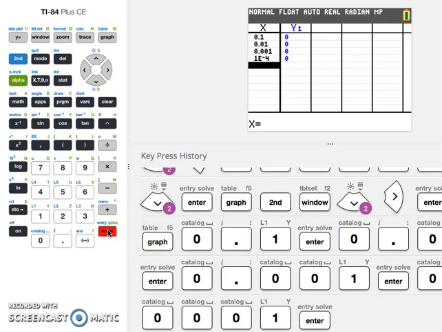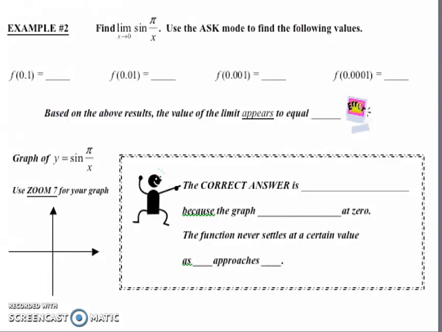And so it automatically calculates these values for us. So now we can go back here and we can say that based on the information that the calculator gave us, all of these appear to be 0. Okay? So based on the above results, the value of the limit appears to equal 0.